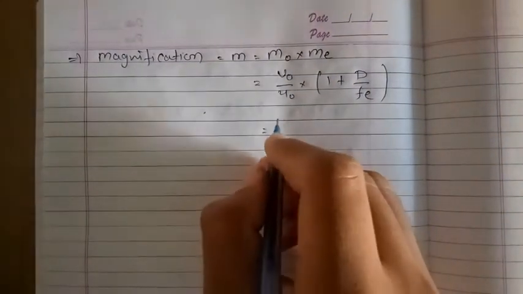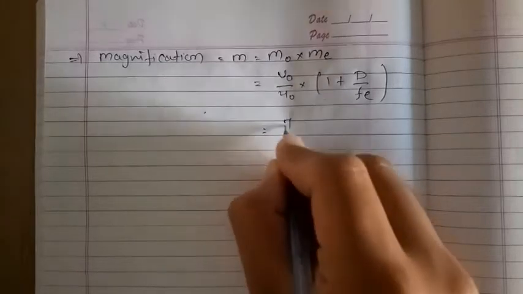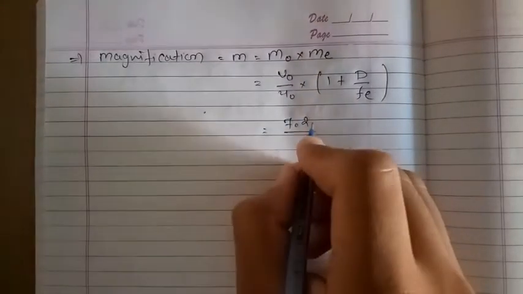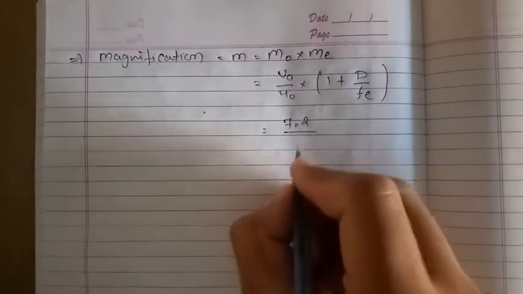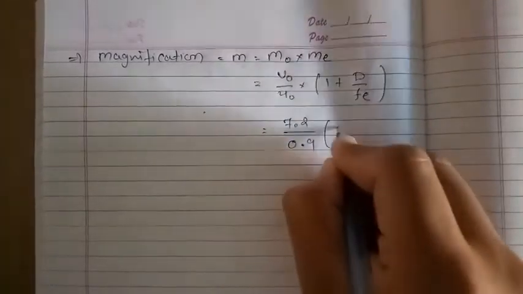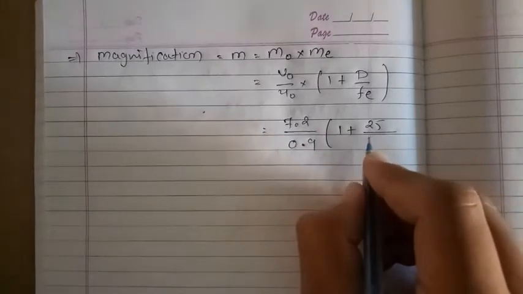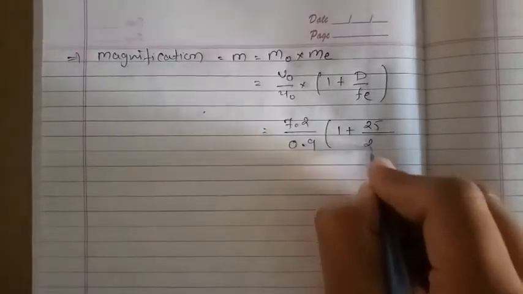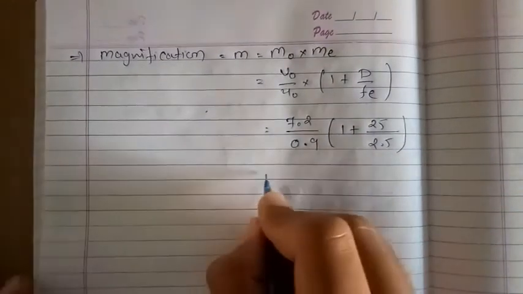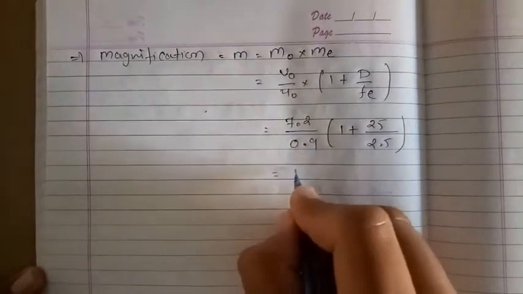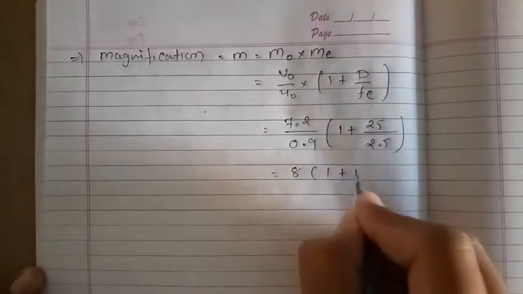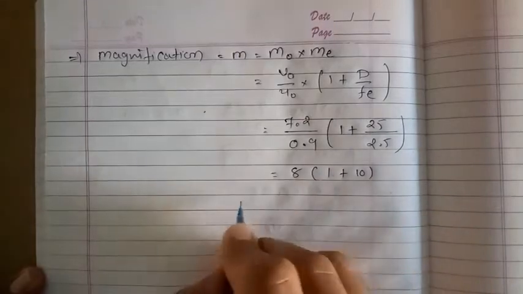The value of VO is 7.2, the value of UO is 0.9, into 1 plus the value of D, 25, upon the value of FE, 2.5. So here we get 8 into 1 plus 10, so 11 into 8, 88.